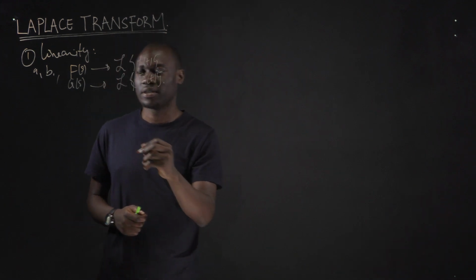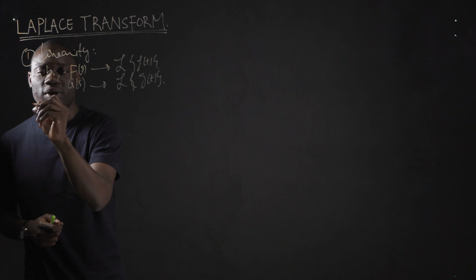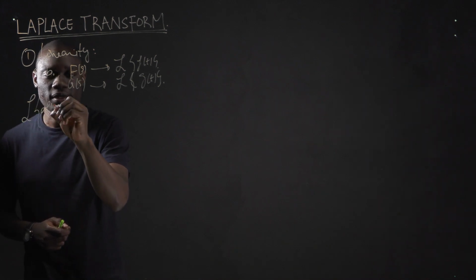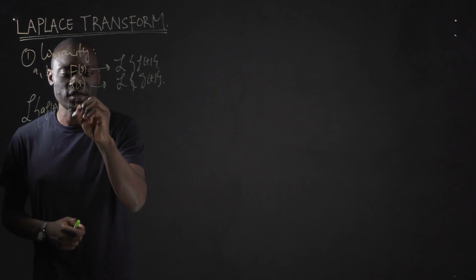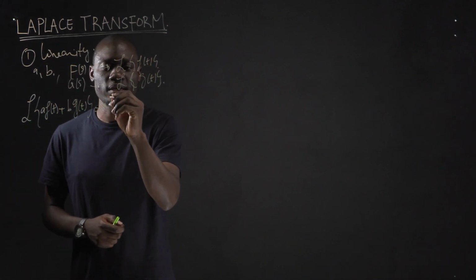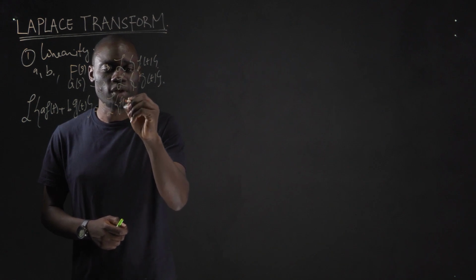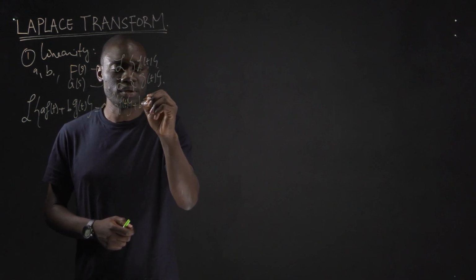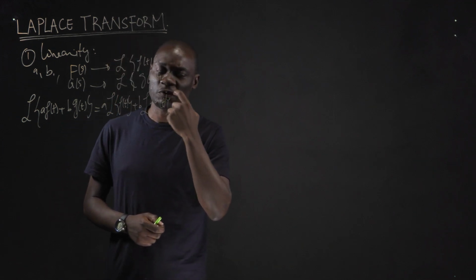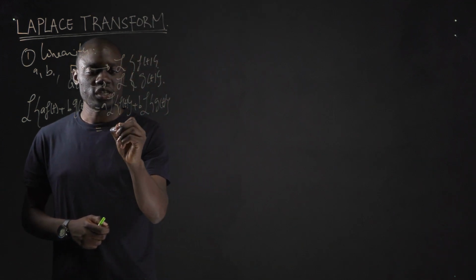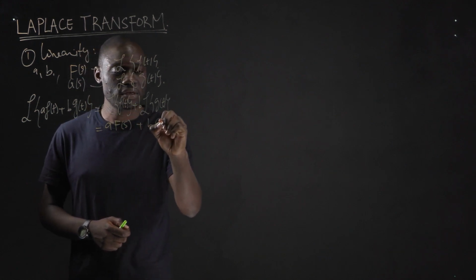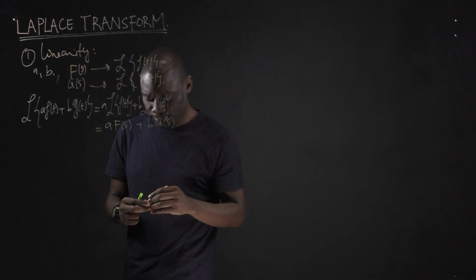If this is the case, then the Laplace transform of a f(t) plus b g(t) equals a times the Laplace transform of f(t) plus b times the Laplace transform of g(t), which can also be equal to a F(s) plus b G(s).